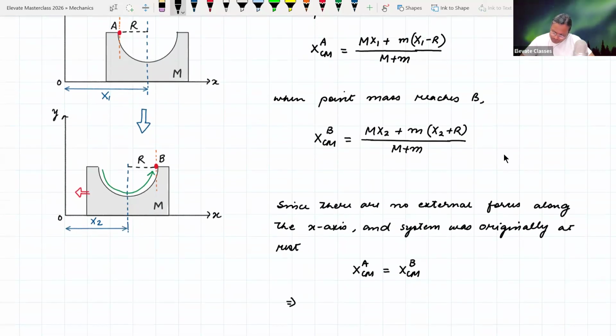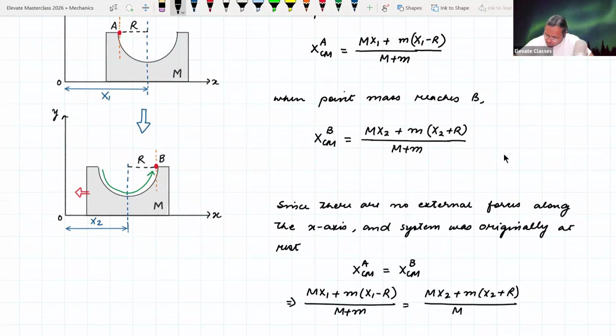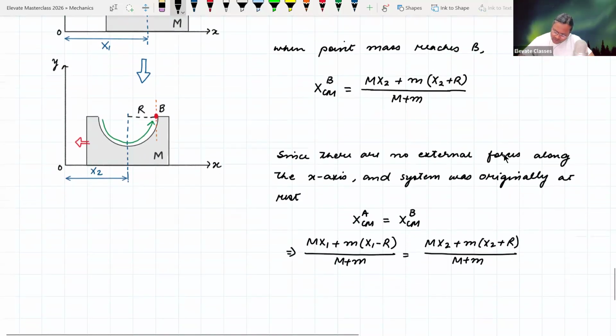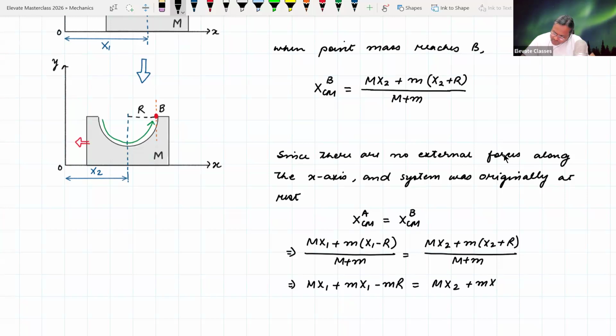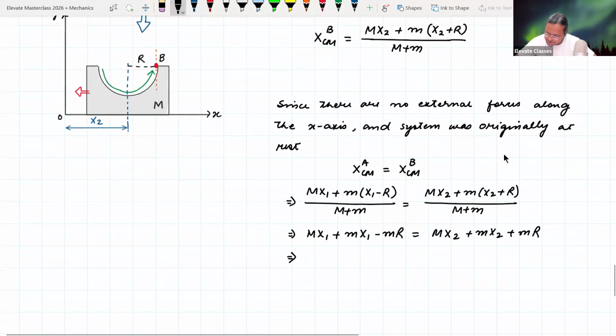So this becomes capital M x1 plus small m times x1 minus r, upon capital M plus small m, equals capital M x2 plus small m times x2 plus r, upon capital M plus small m. तो ये क्या बन जाएगा? This is simply going to be equal to capital M x1 plus small m x1 minus small m r, equals capital M x2 plus small m x2 plus small m r. ठीक है? तो हमें क्या चाहिए? x1 minus x2 चाहिए.